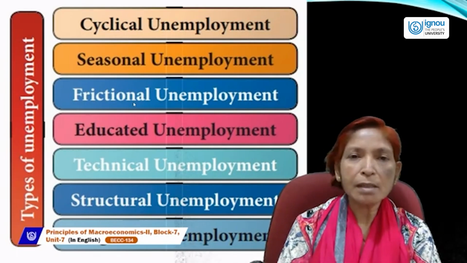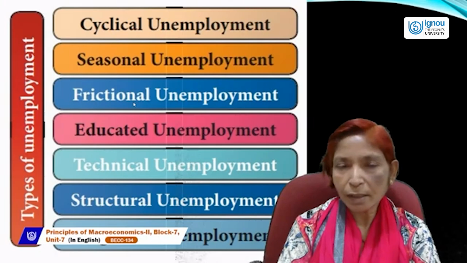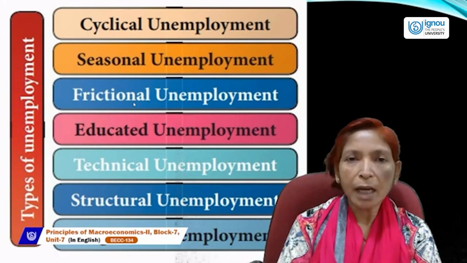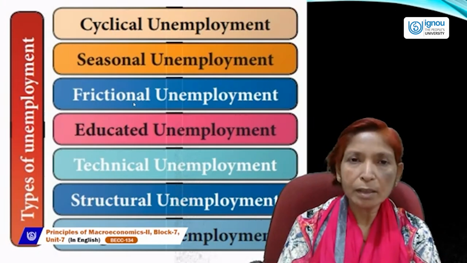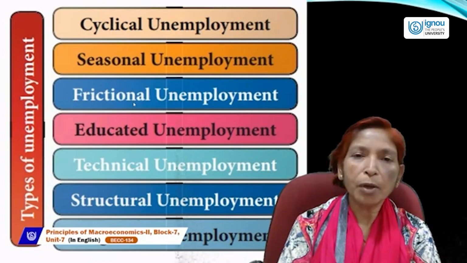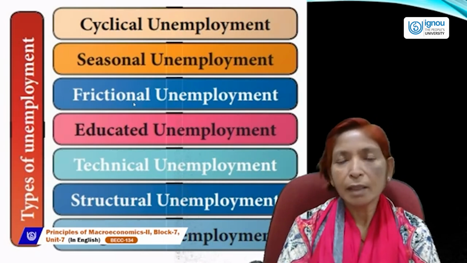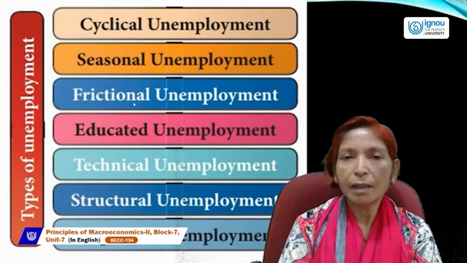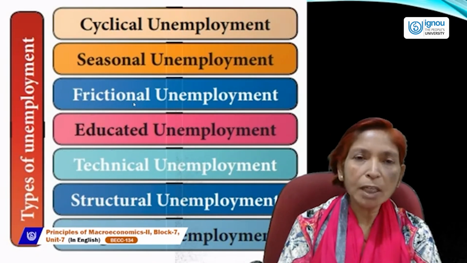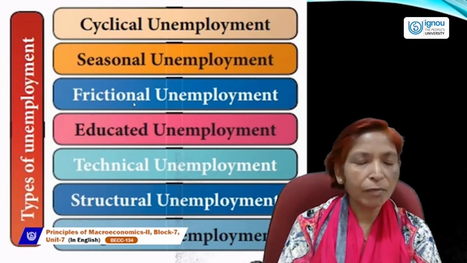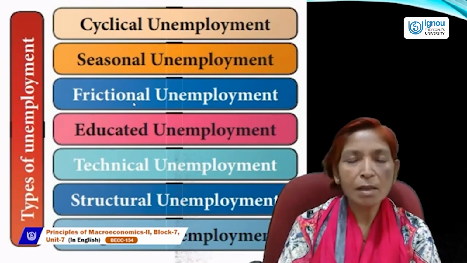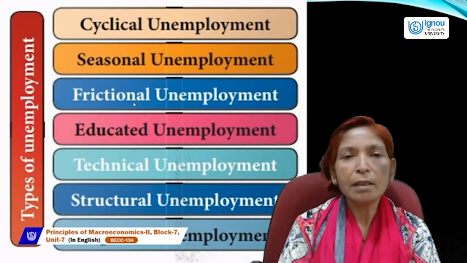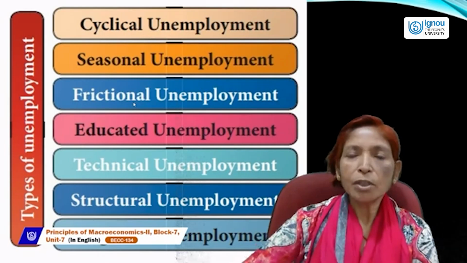So these cycles always run continuously, and at the time of depression and recession, this cyclical unemployment exists in the economy. So this type of unemployment is cyclical unemployment, which mainly occurs due to business cycles, which have four stages: boom, recession, depression, and recovery, according to Schumpeter.